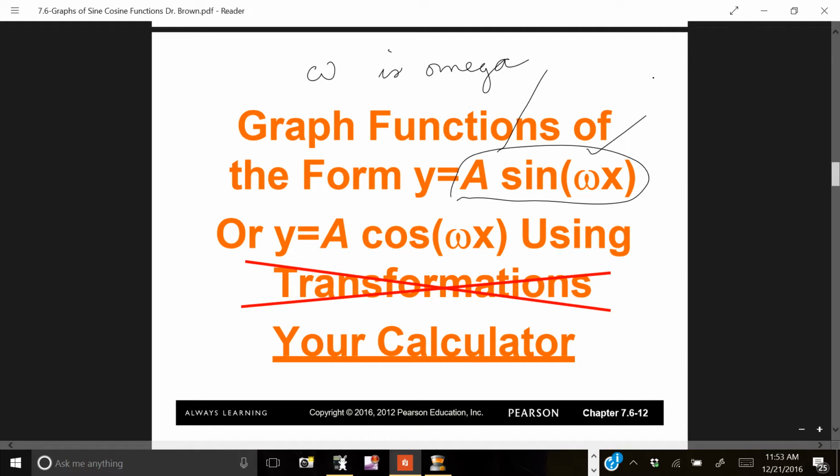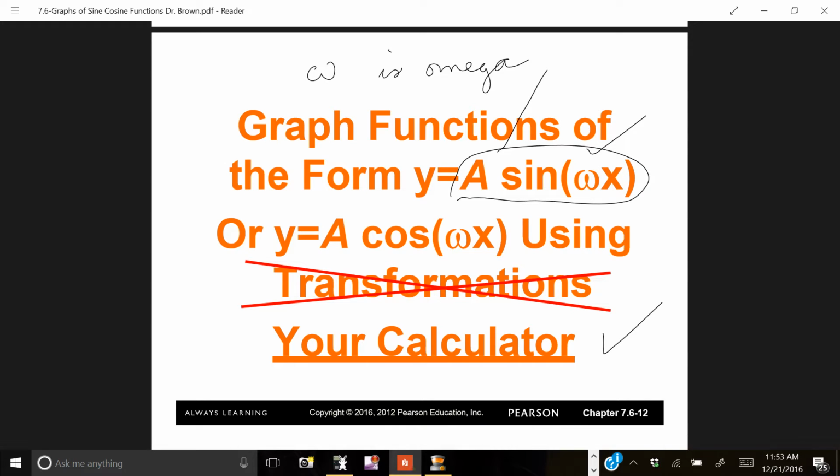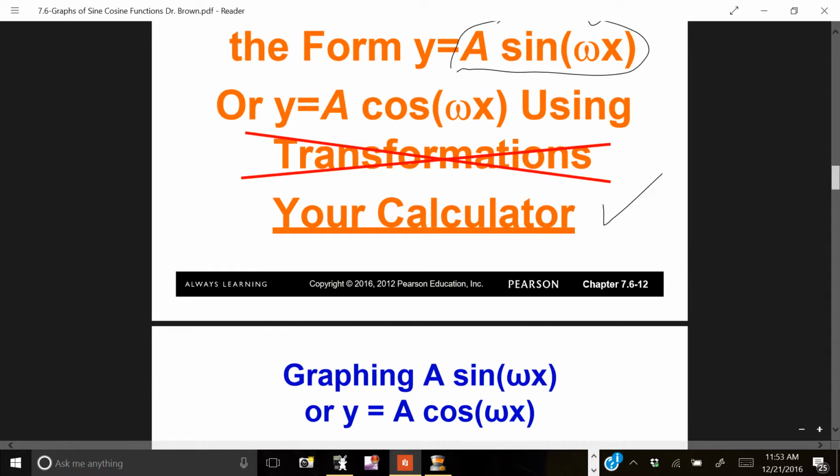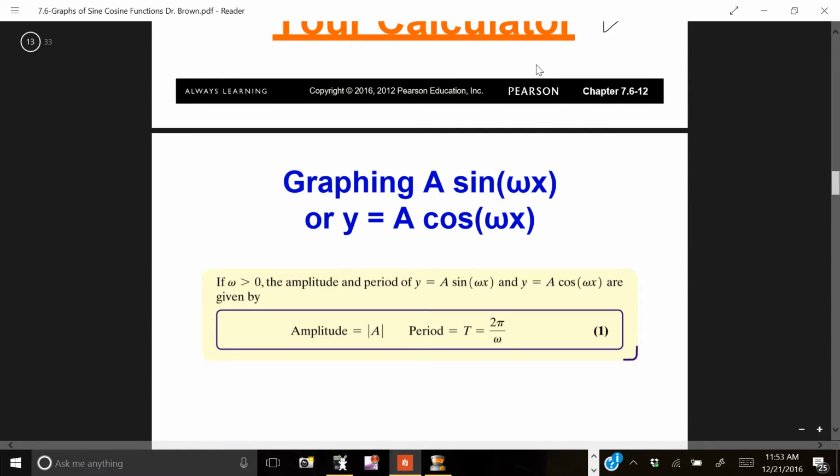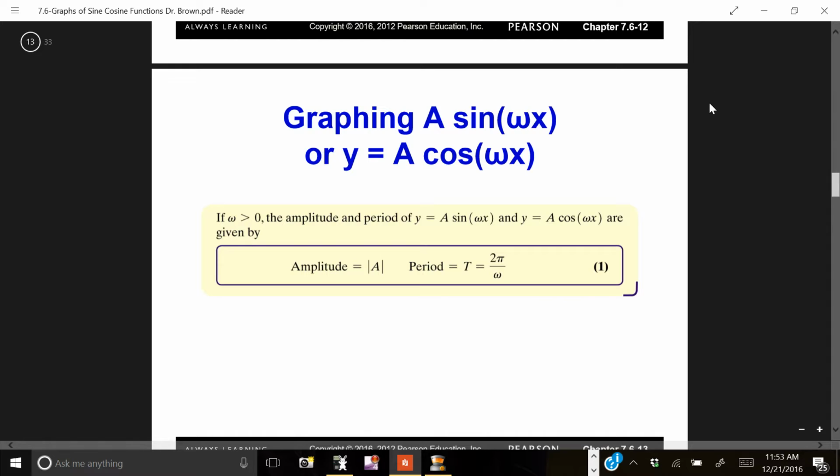And instead of using transformations, which takes a lot longer, we're going to use our calculator. And I'm going to show you how to go about figuring out what to put in the calculator. Now, first of all, we're going to really cover graphing either a sine wave or a cosine wave.